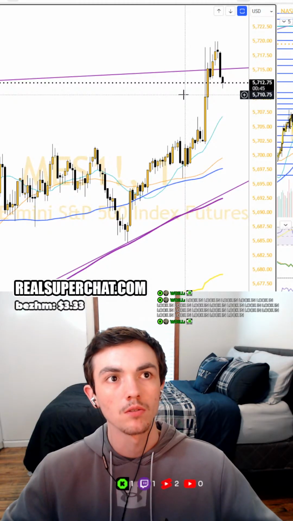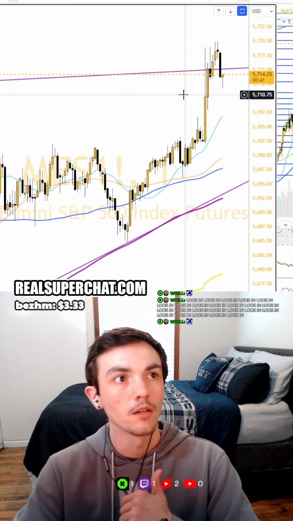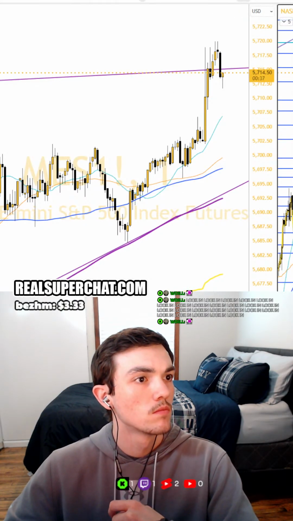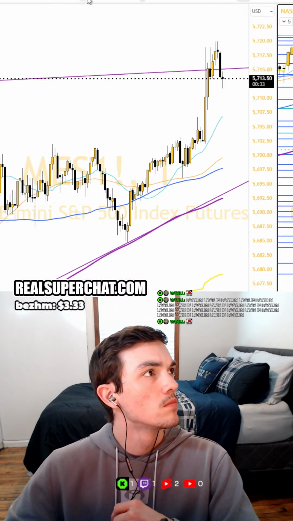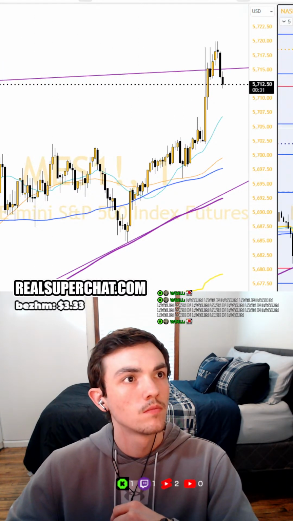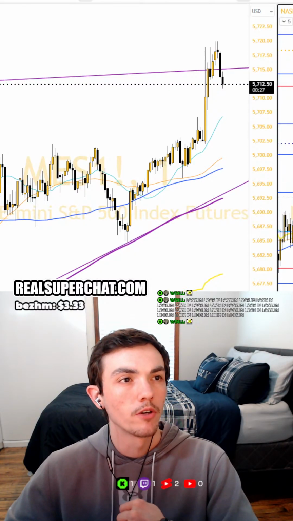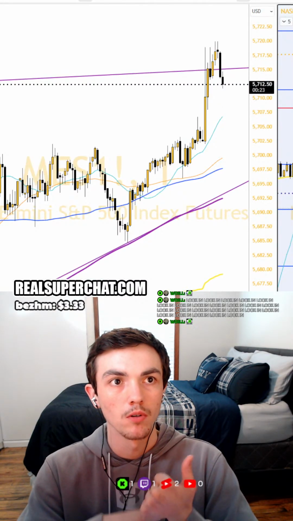ES broke through that trend line. See if it can retake it and make it support. Looking heavy, but may go up 100 more points.